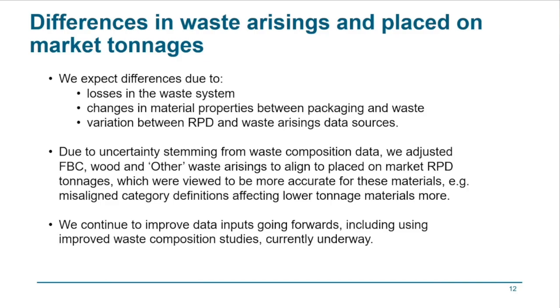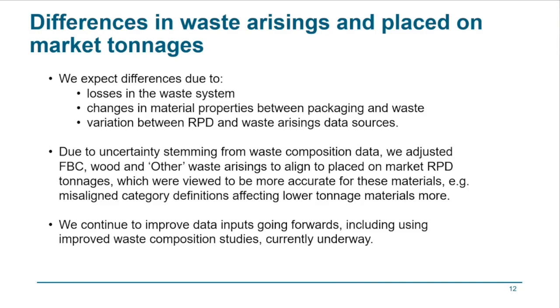However, due to the uncertainty stemming from waste composition data for certain materials, we adjusted fiber-based composite, wood, and other waste arising tonnages to align to the placed on market tonnages reported in the RPD. And we viewed these to be more accurate for these materials.